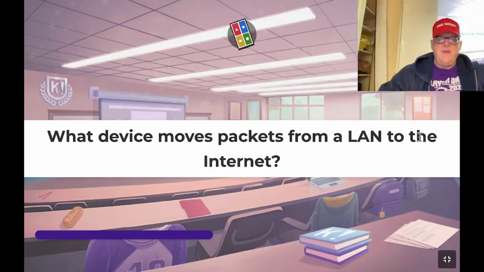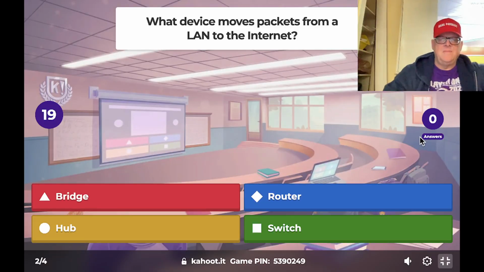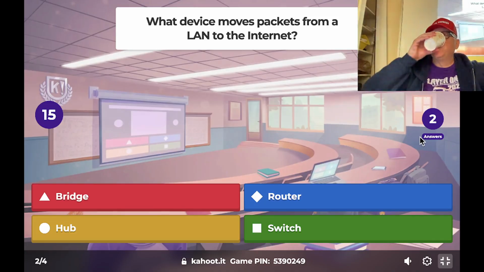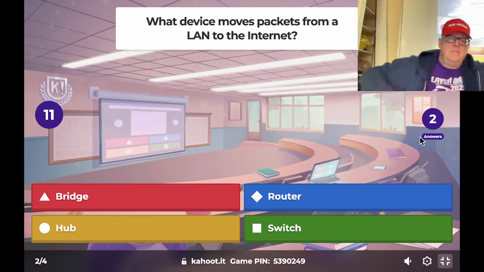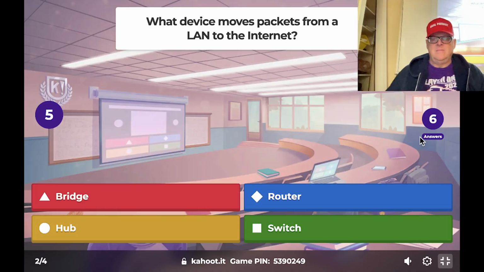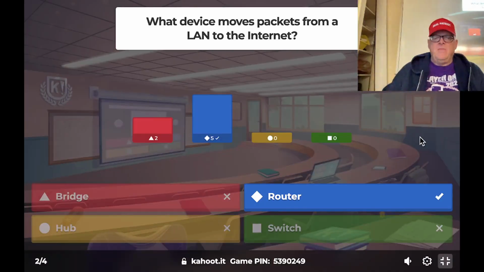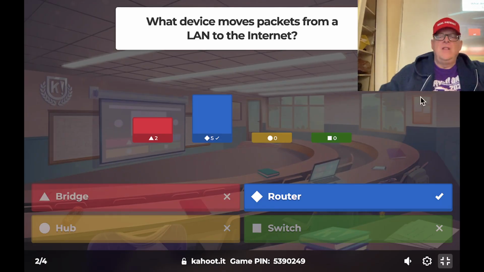All right, which device moves a packet from a LAN to the internet? That's a router. That's what they do. You lift it off one local area network to another. It moves it onto the network that goes to your ISP.